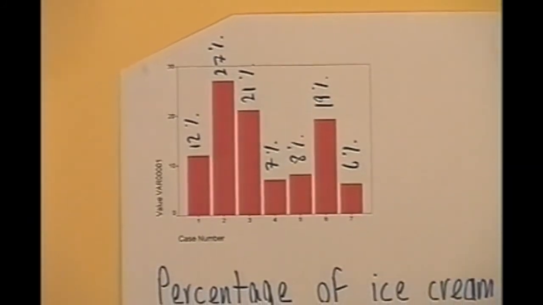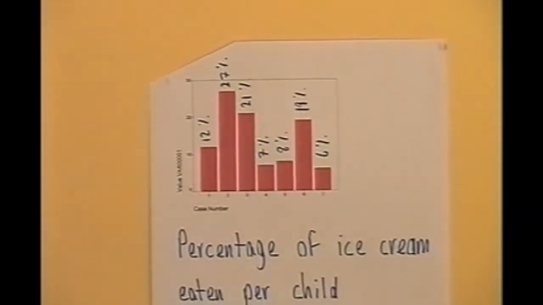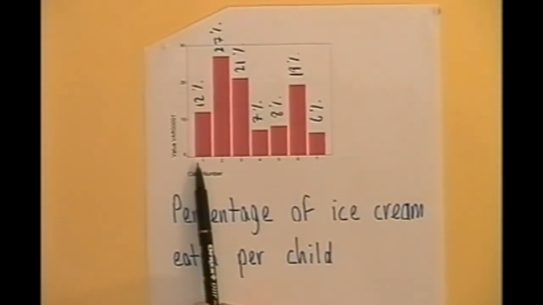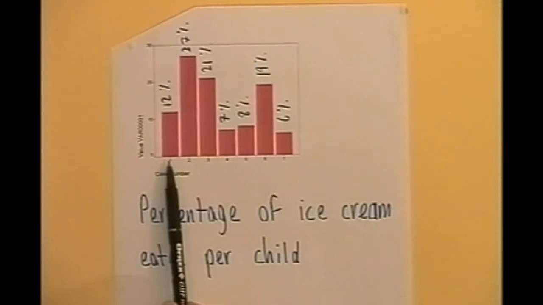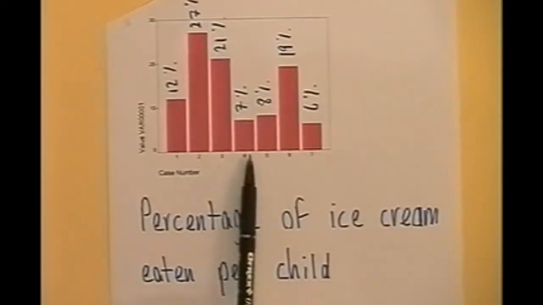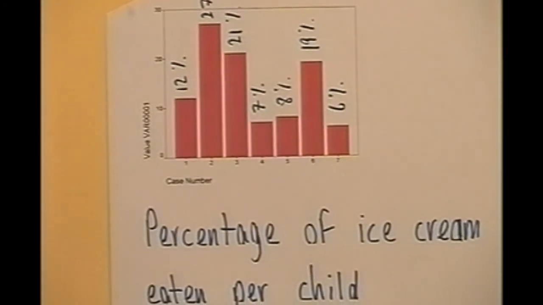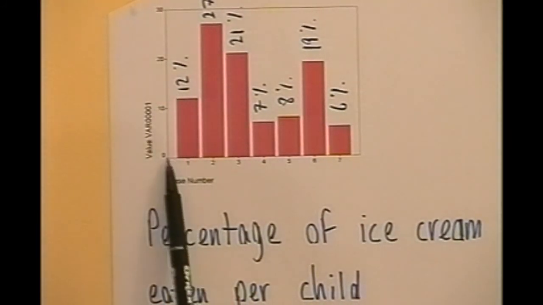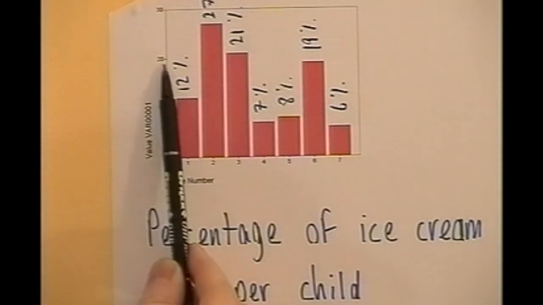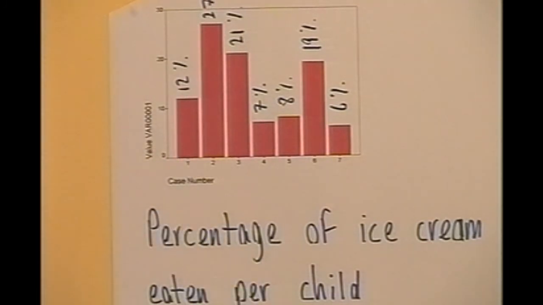Now, this is another frequency count here. Here we have a case number. In this case, it's the number of children. 1, 2, 3, 4, 5, 6, 7. 7 children. And variable 1 here are percentage figures. So this is 0%, 10%, 20%, and 30%. And it's the percentage of ice cream eaten per child.